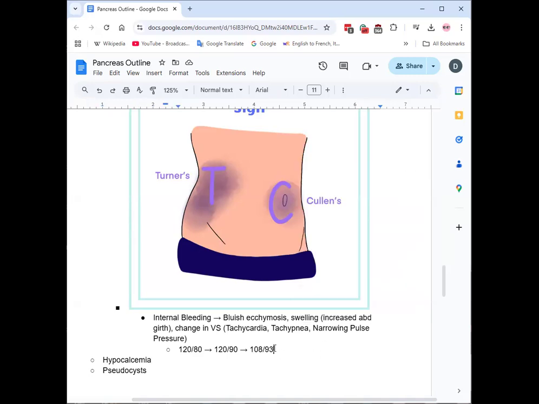The diastolic is your resting pressure, so what reason does it have to be increasing if not for trying to clamp down? That's what that refers to. And you're tachycardic because it's compensating, tachypneic because it's compensating.